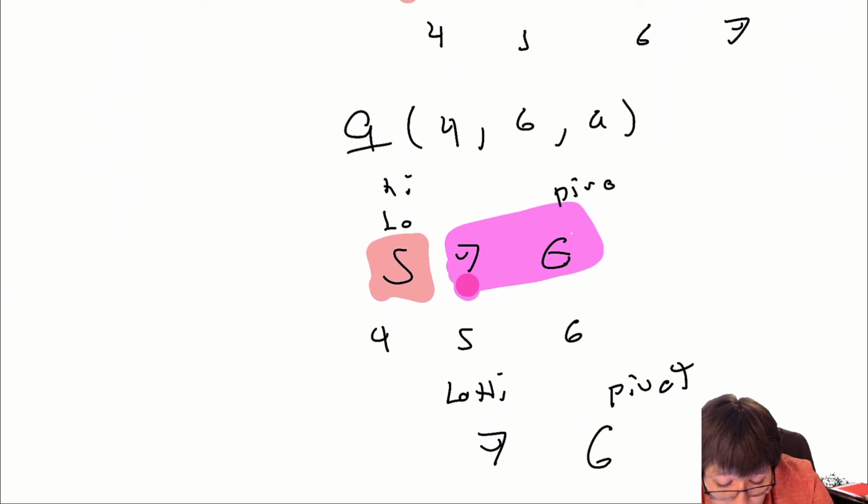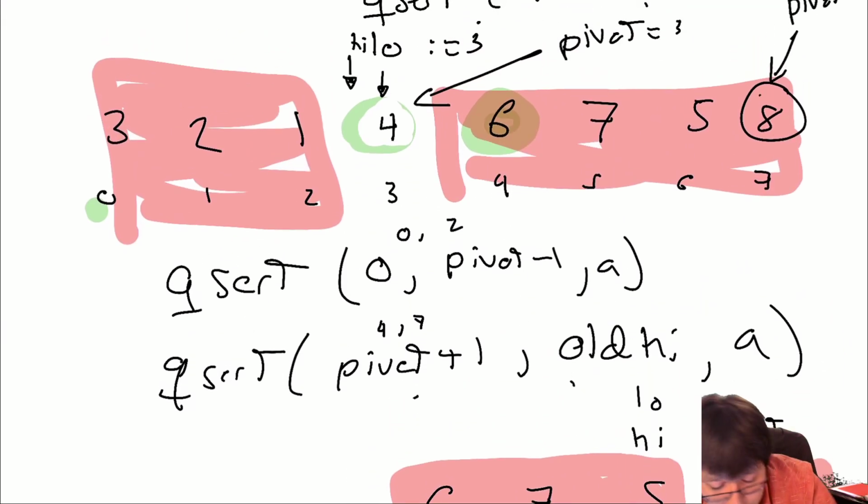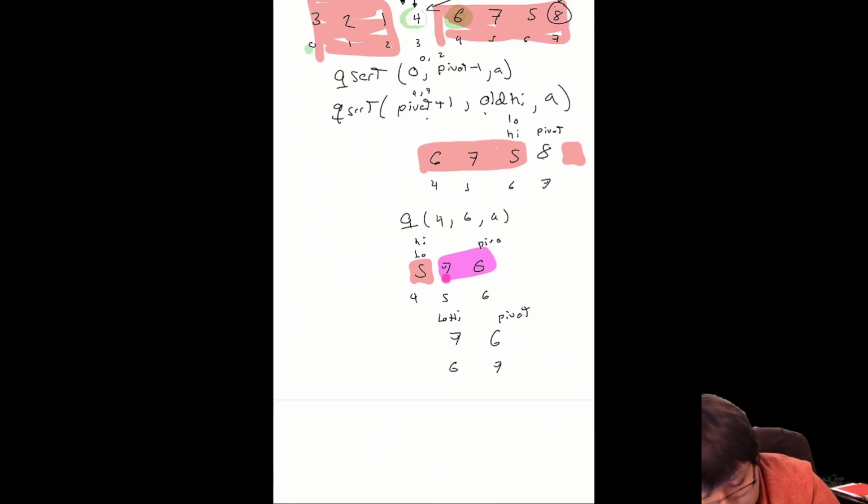So after all of that, what we have left over, I'm going to zoom out so I can copy this. We have 3, 2, 1 on this side, which we haven't even looked at yet. Then we have the 4 that we first sorted, and then we have the 5, 6, 7, and then the old pivot 8 here, okay? So I think I got everything right.